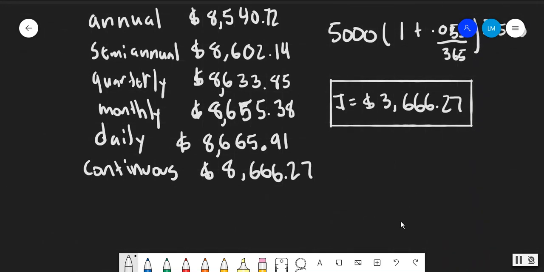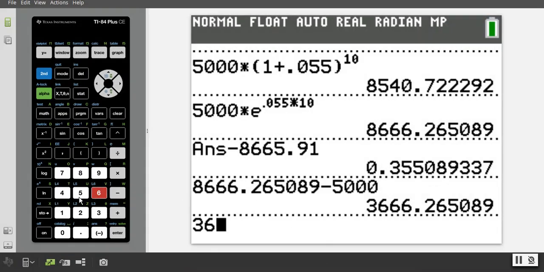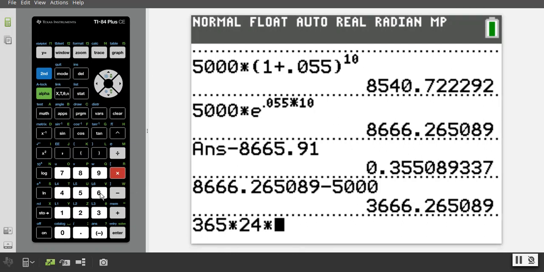But one thing to consider, if you look at it like this, if you know that there's 365 days and you know that there's 24 hours, okay? So if you were to do this by the second, there's 365 days times 24 hours times 60 minutes times 60 seconds.